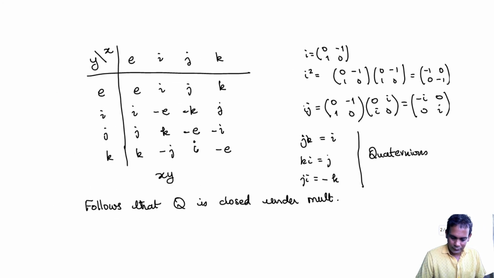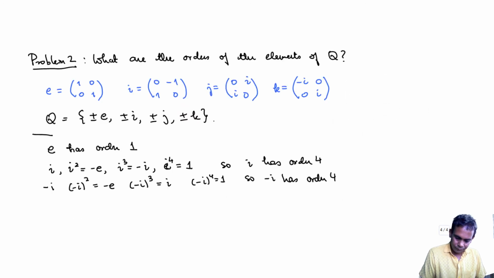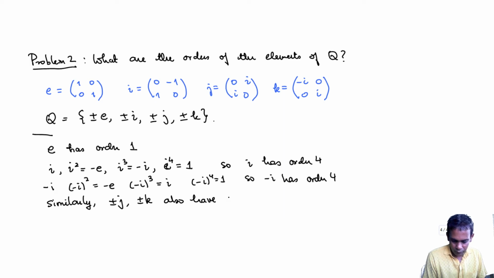Remember, we computed this earlier. j into j is minus e, k into k is also minus e. Plus or minus j, plus or minus k also have order 4, and that only leaves the element minus e. Well, minus e squared is e, so minus e has order 2.